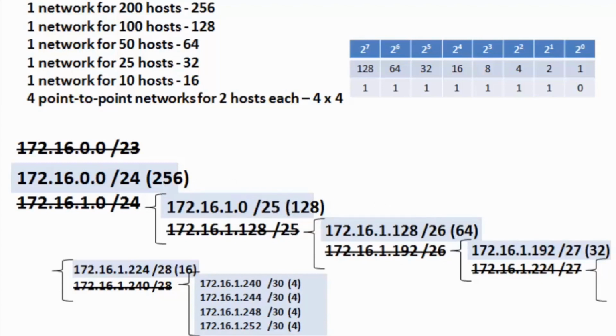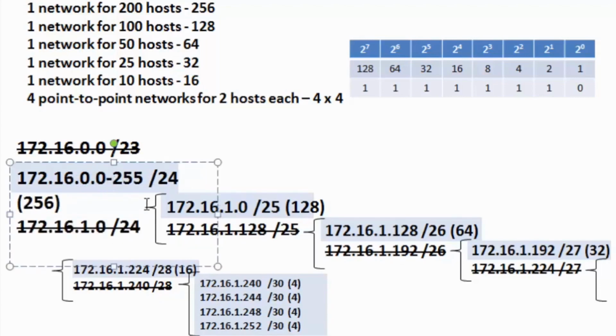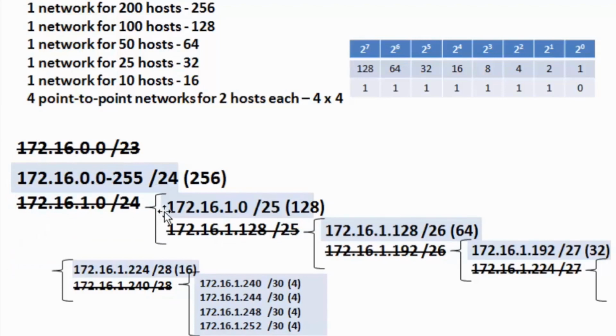If we examine the host addresses closely, we'll see that none of the subnets overlap. In other words, this 172.16.0 subnet goes from 0 all the way up, since it's /24, to 255. You can see that the next subnet starts at 172.16.1.0, so the two subnets do not overlap.